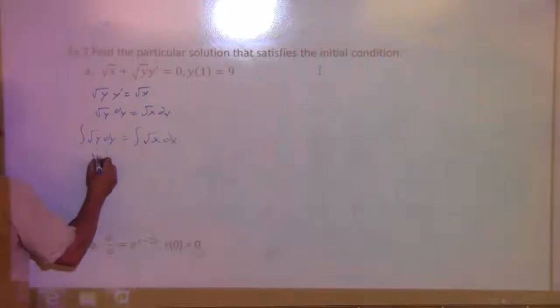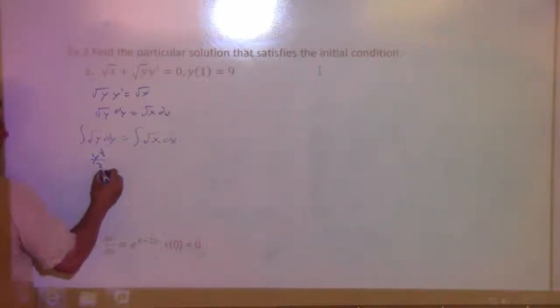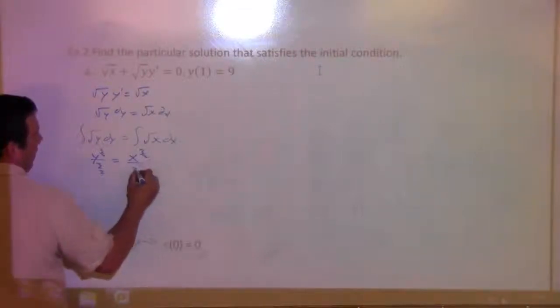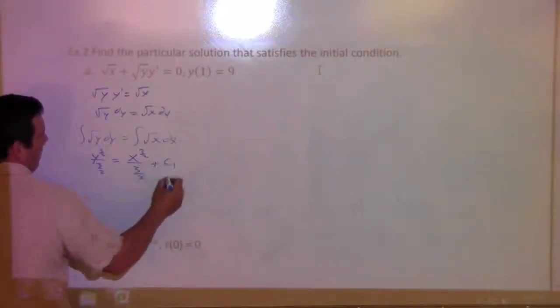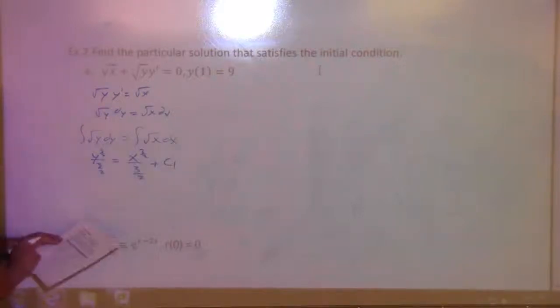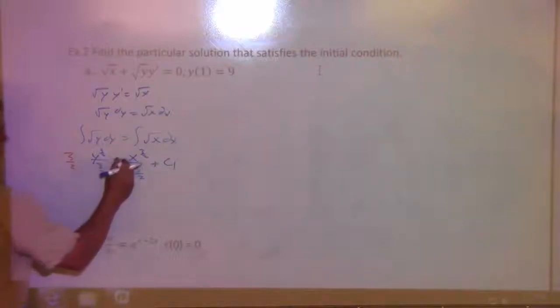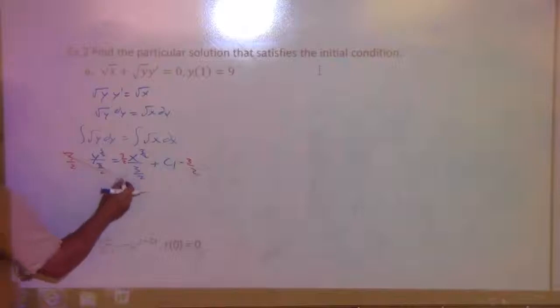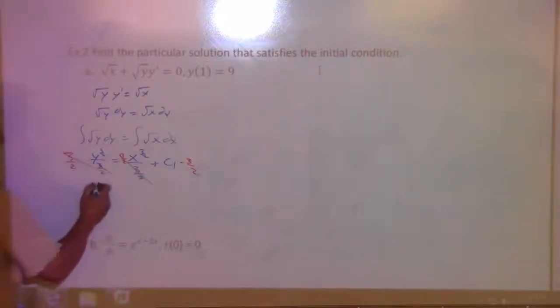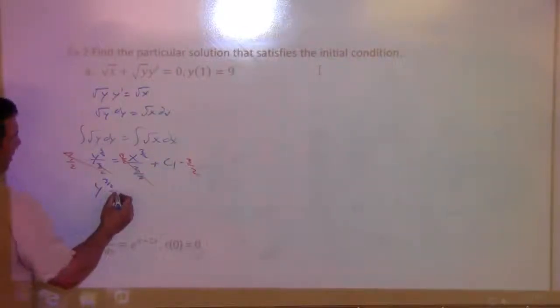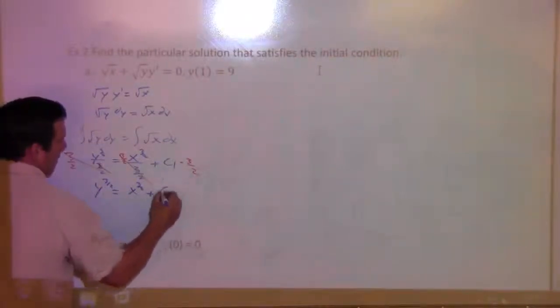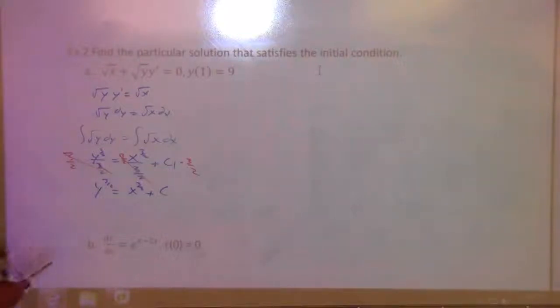This becomes y to the 3 halves over 3 halves equals x to the 3 halves over 3 halves plus some constant c1. I'm going to multiply everything through by 3/2. And we have y to the 3/2 equals x to the 3/2 plus, call this just some new c.